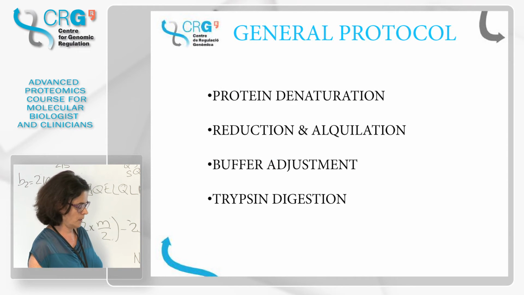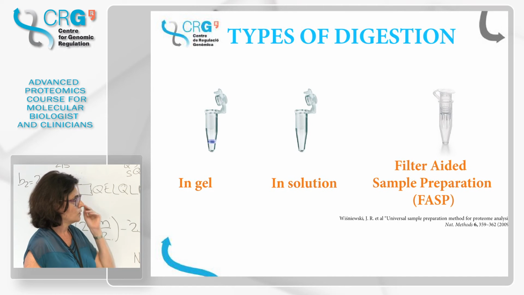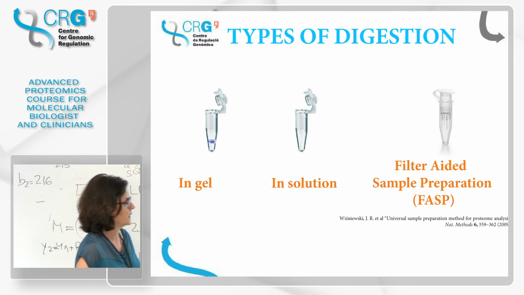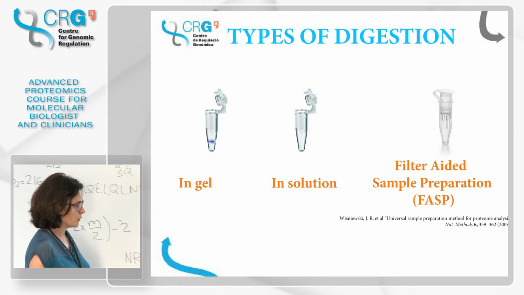Okay, so this would be a general protocol. You first do a denaturation, then reduction and alkylation. You adjust the buffer, diluting if you need to, because you're using trypsin or whatever, and then you add the enzyme. You have different types of digestion depending on where you do the digestion.